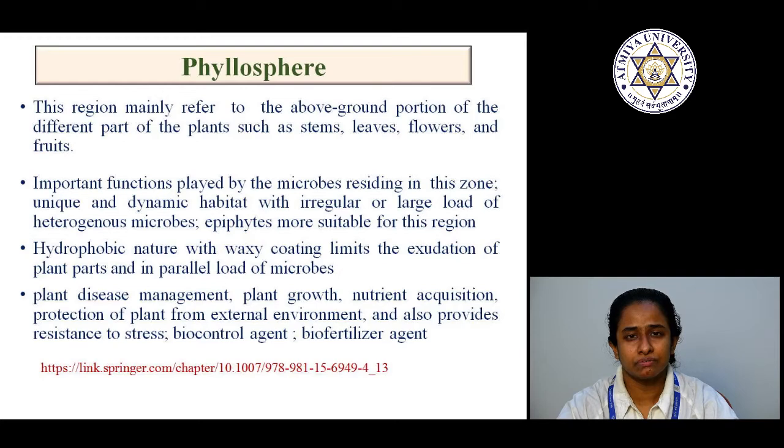Due to the shifting of different types of spores from one place to another, you cannot find the same type of microbes for a long duration in the phyllosphere region. Apart from that, plant disease management, plant growth, nutrient acquisition, and protection of the plant are all activities performed in this region.